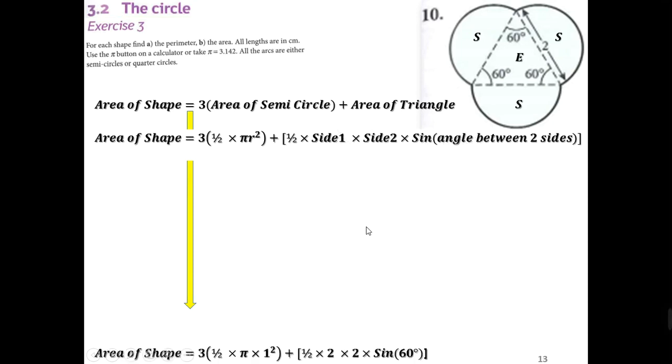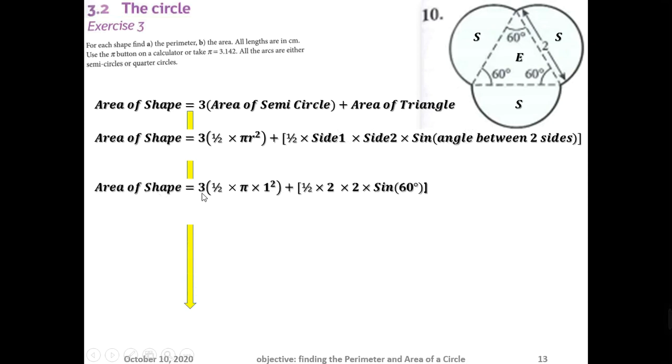So we substitute 3 times in brackets half times pi times 1 squared, plus 1 triangle, half times 2 times 2 times sine of 60. You can insert this in one shot in the calculator and find the area of the total shape. Or you can say the area of one semicircle is 1.57 multiplied by 3 typical pieces of this semicircle, plus 1 piece of this equilateral triangle, so plus square root of 3.